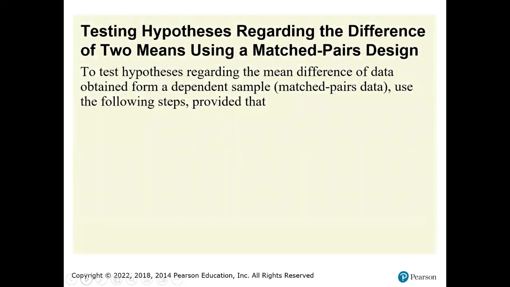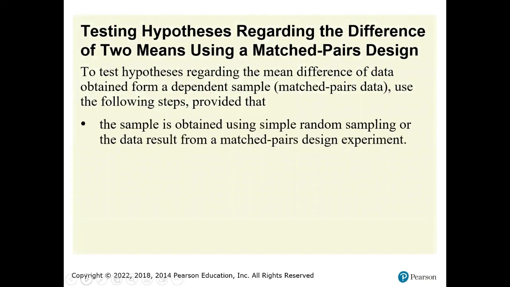In order to test matched pairs, we are going to see that the following happens. The first is that it's random sampling, and they are set up as matched pairs or dependent samples. So what that means is there is a relationship between the first and the second individual, or an individual is paired with themselves.